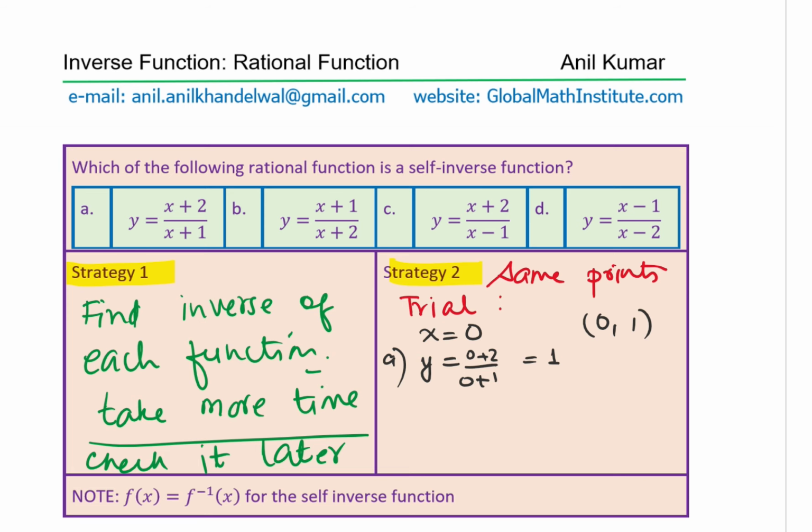Now what we can do here is check that if x is 1, what is the value of y? Substituting 1 here, we get (1 plus 2) over (1 plus 1), which is 3 over 2. And therefore, this is not self-inverse.